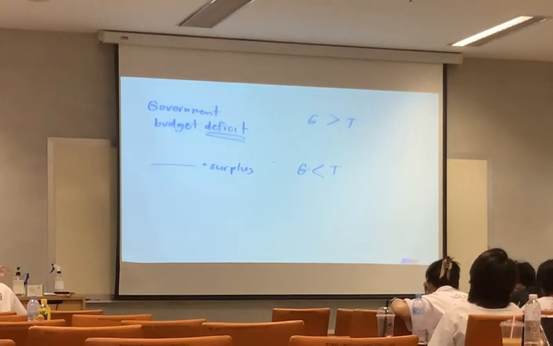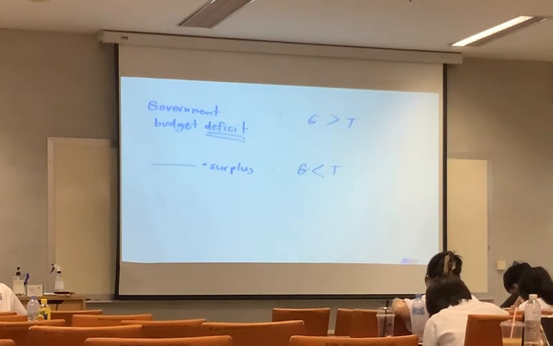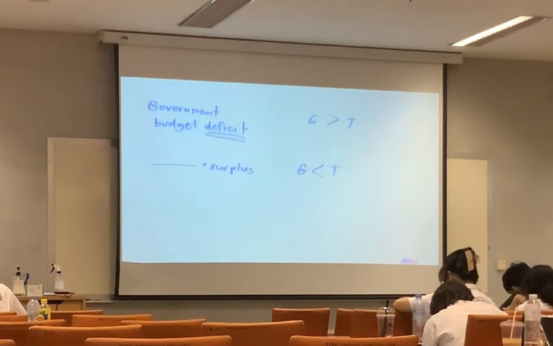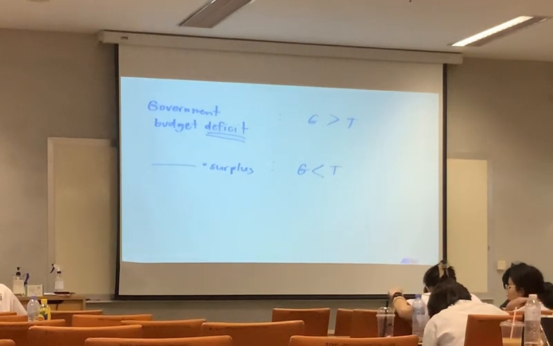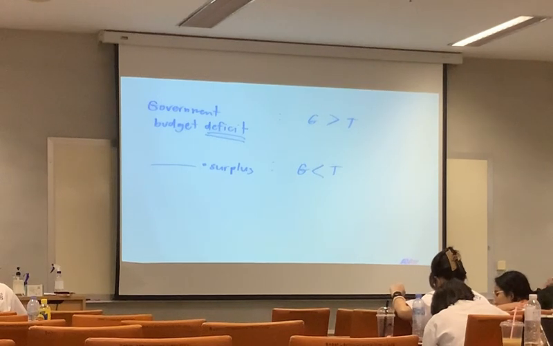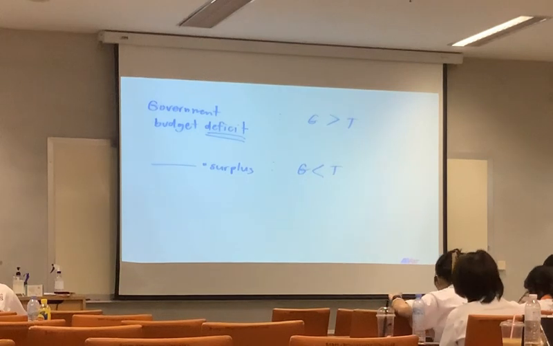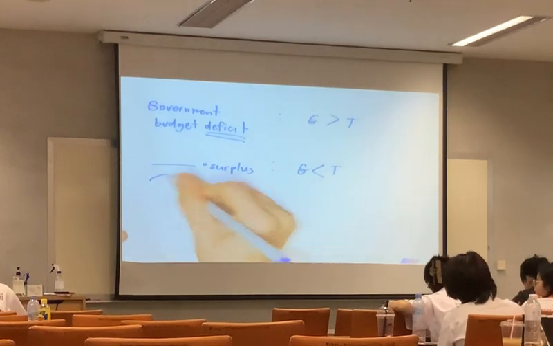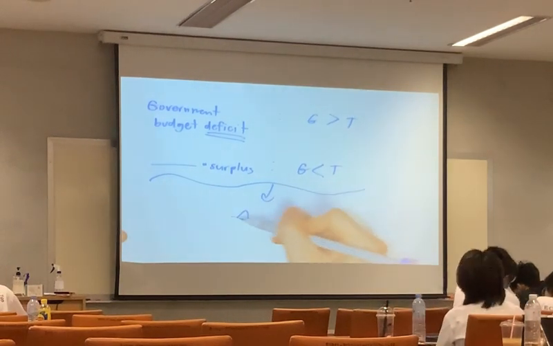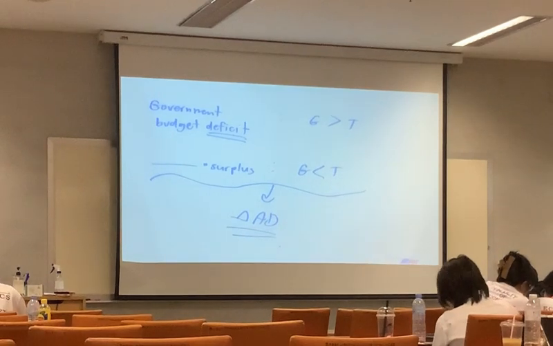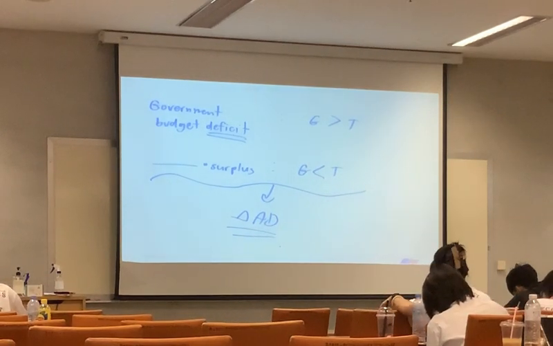So there are two types of policy, and these policies can change AD, because government spending or tax is the factor that makes AD shift, right? Even if I change G, whatever, it makes AD shift. So that's why we learn these factors that affect AD. This is what we learn in this chapter.